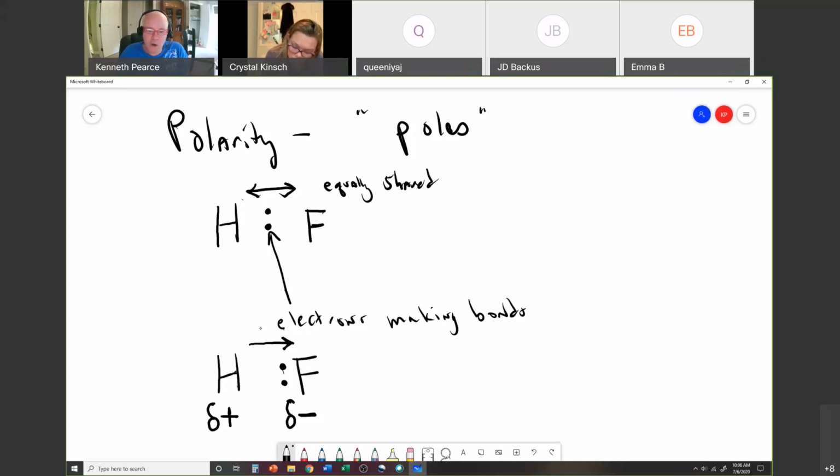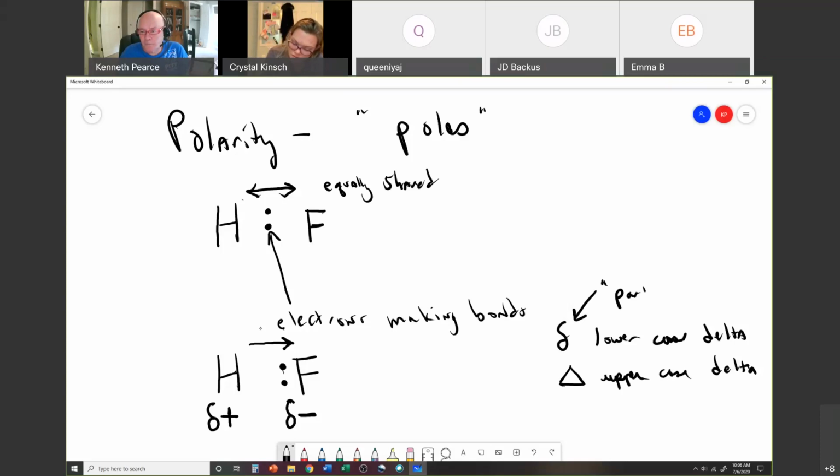Partial being a lowercase delta. This is lowercase delta, Greek letter delta, and a triangle is an uppercase. And when we have a lowercase delta, this means partial. Okay, so there's a partial positive and a partial negative.